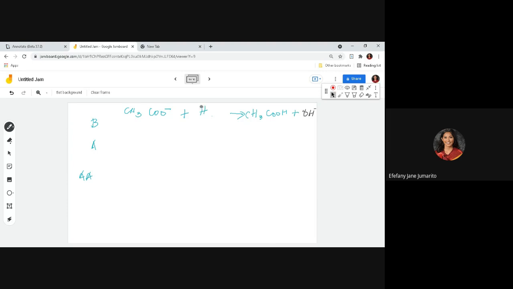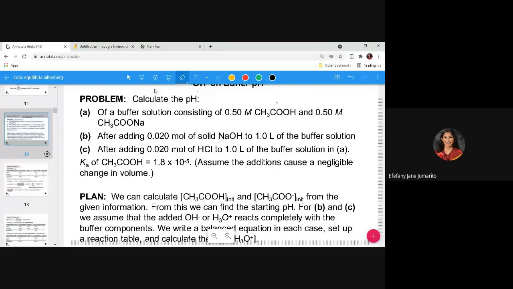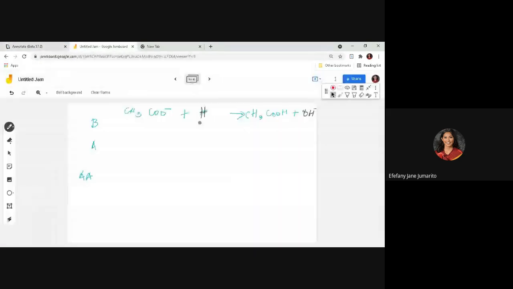Since we added HCl, meaning we added more H3O plus or H plus. What will happen here is we have CH3COO minus, the initial concentration of this one is 0.50 molar. Before you add something, this is 0.50 molar.